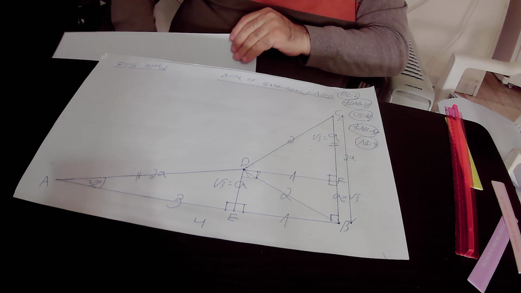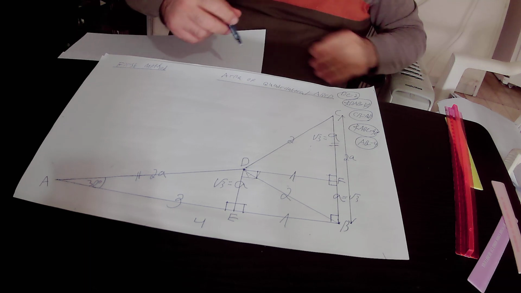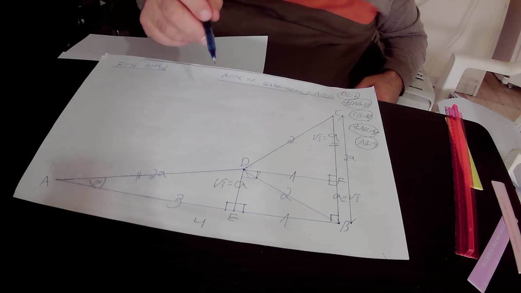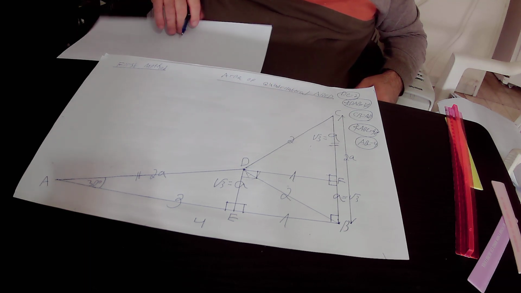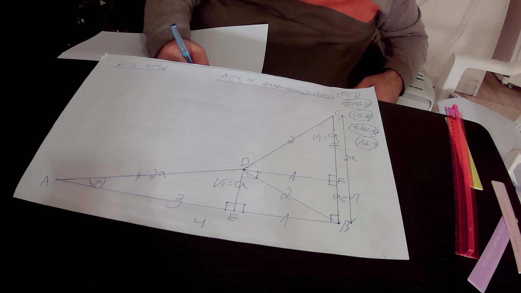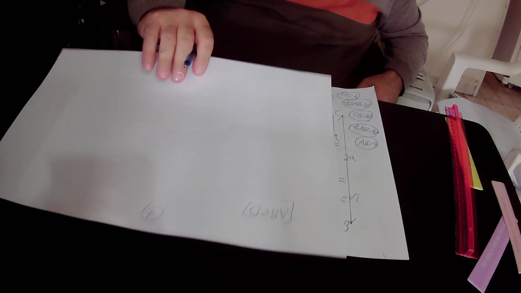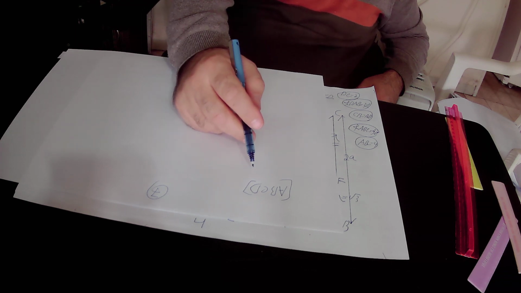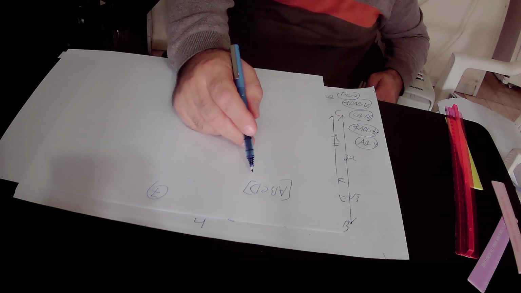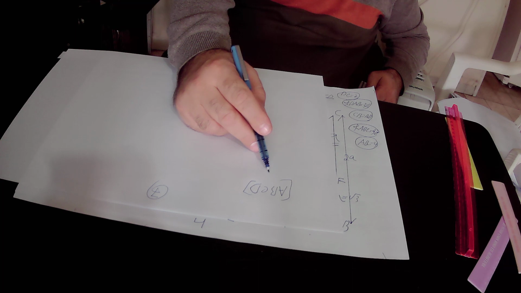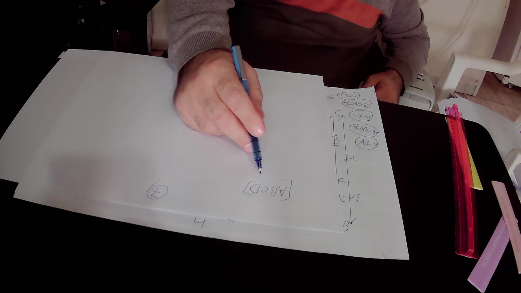So I write it down. The area of quadrilateral ABCD, here the squared brackets is the sign for the area.